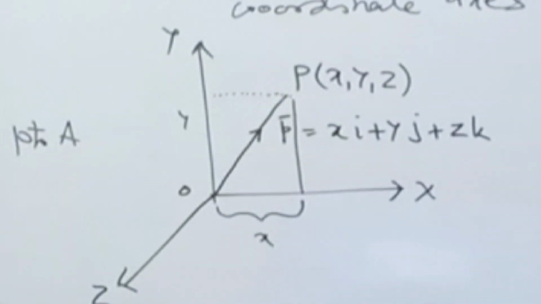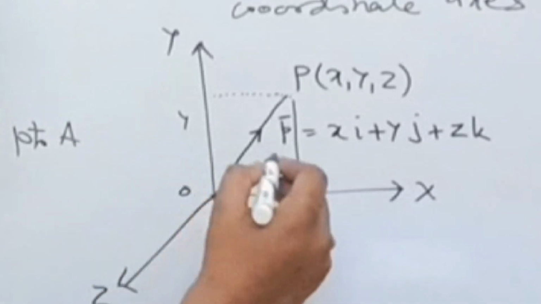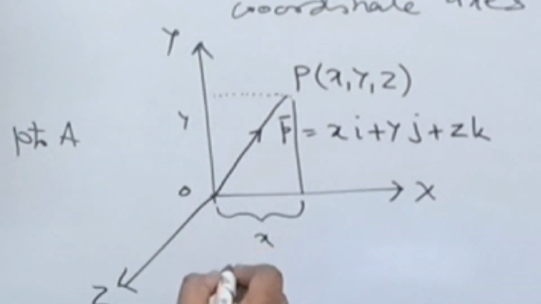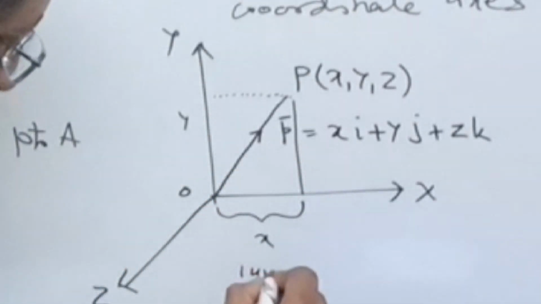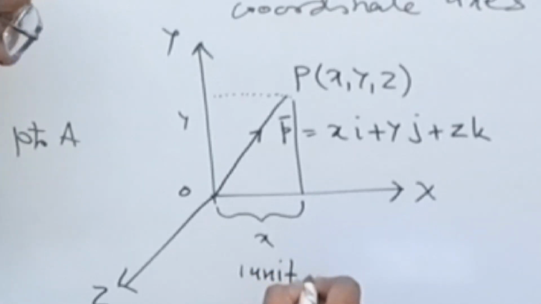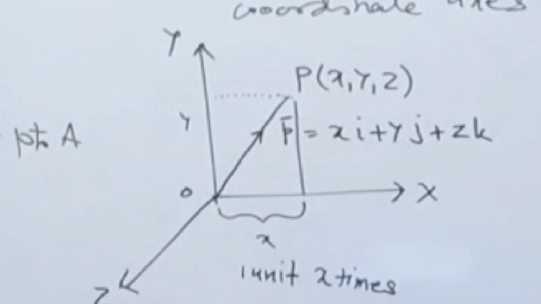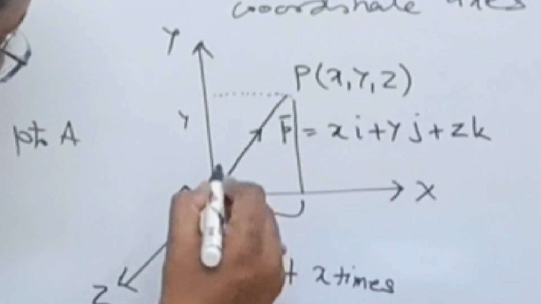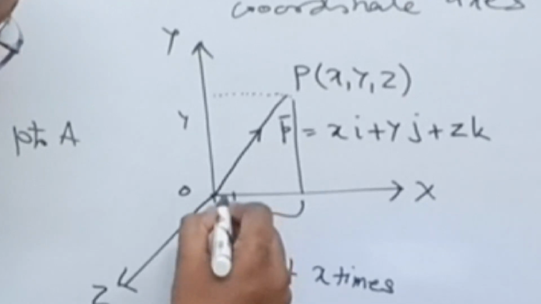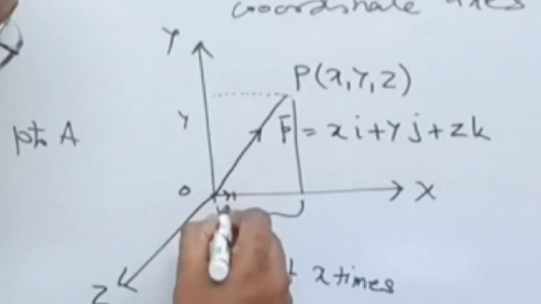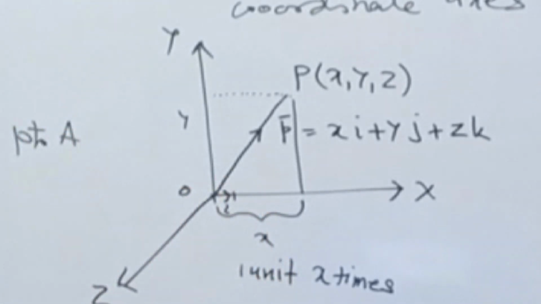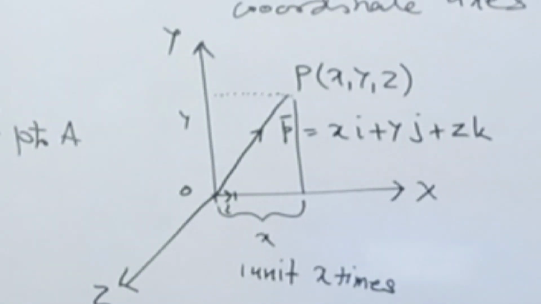you will get that particular point. Now when I say that this particular distance is x units, it means 1 unit is counted how many times? x times. And then we say that it is obviously x units. Means there will be some distance which we call a unit distance, and this unit distance is related with the unit vector, because a vector whose magnitude is 1 unit is called a unit vector.